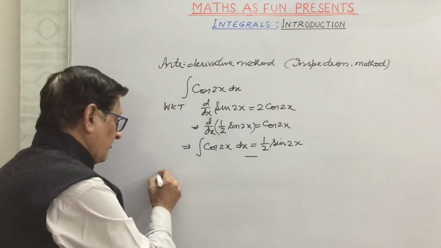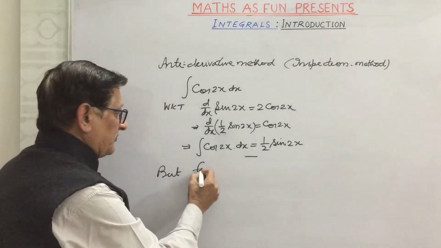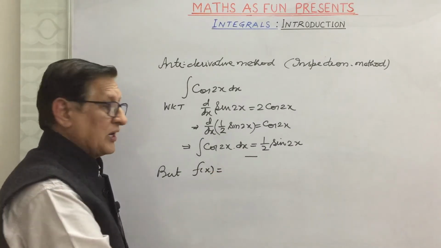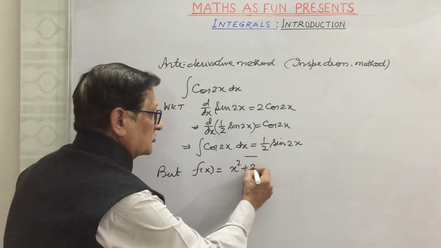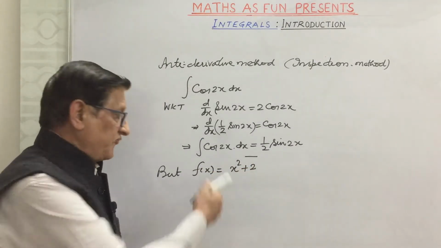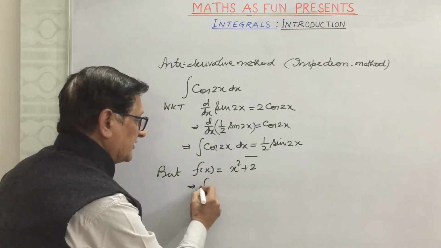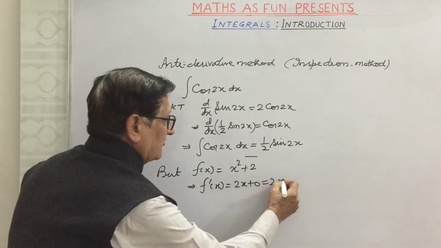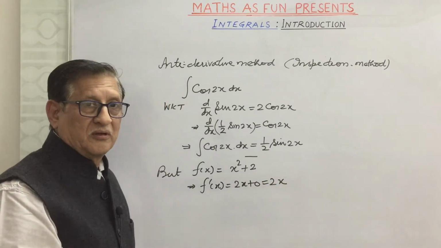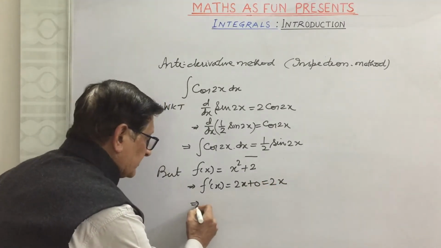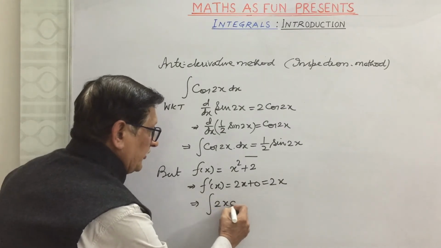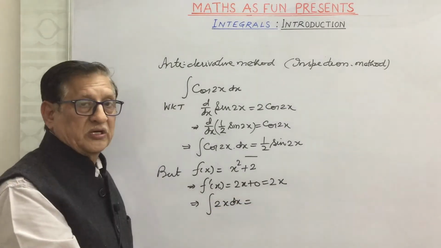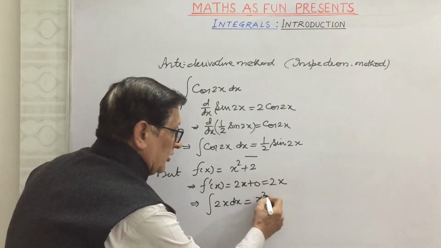But let's see one more example. Suppose you have been given a function f(x) that is x square plus 2. If we find the derivative of f(x), that is f dash x, will that be 2x plus 0, or we say 2x? But when we find the integral of 2x with respect to x, that is only x square.